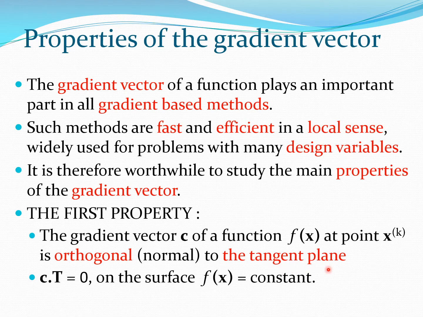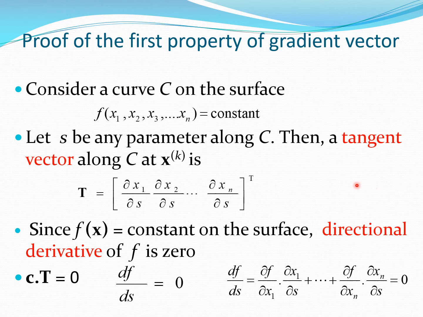If you have it in space, then you have a tangent plane, and at this particular point c dot t equals 0 is valid on the surface f of x equal to constant at the point xk. This statement mathematically means that the gradient vector is normal to the tangent plane. Now we will prove this.